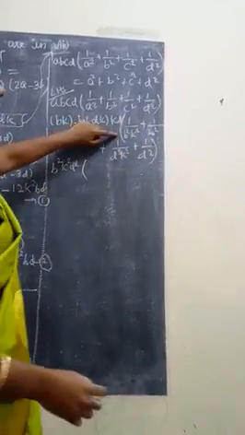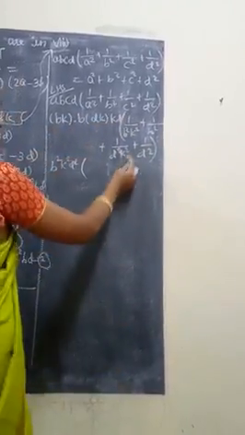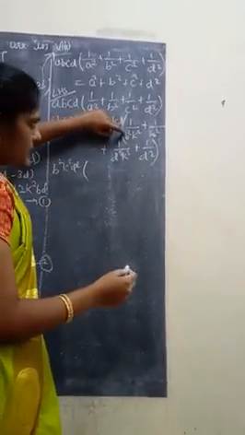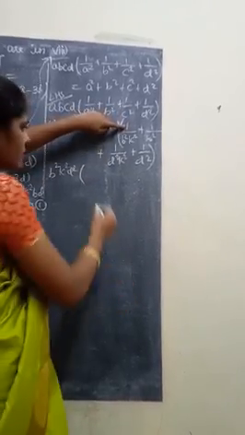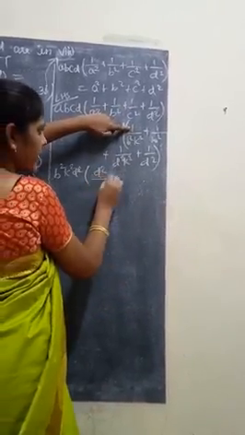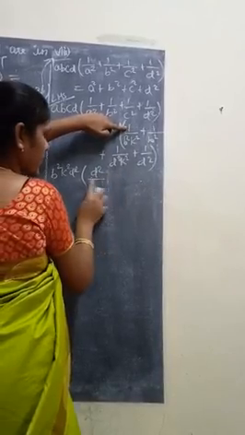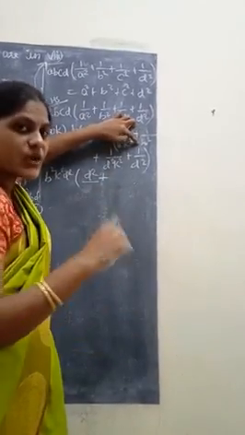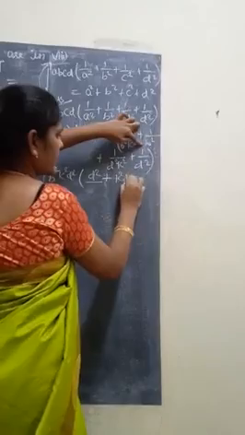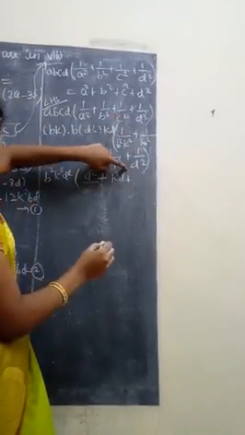Next, listen, here we need to take an LCM. Denominator we have B square, K square and D square. So in the numerator term we need D square. So D square by B square, okay, D square plus here we have B square, so what we need? K square D square. Here we have D square K square, what we need?